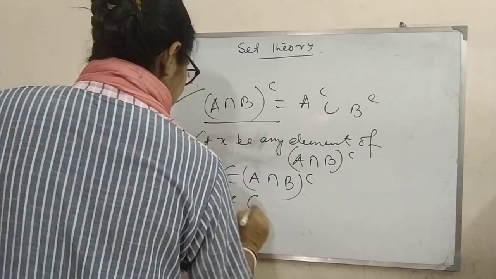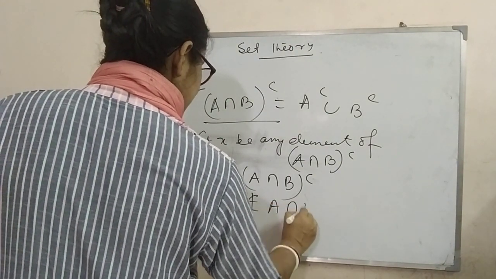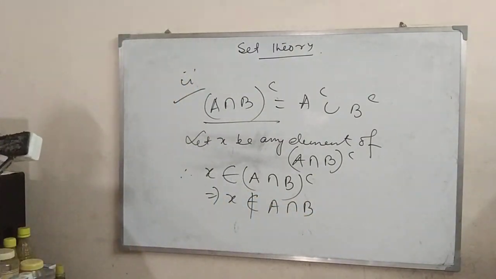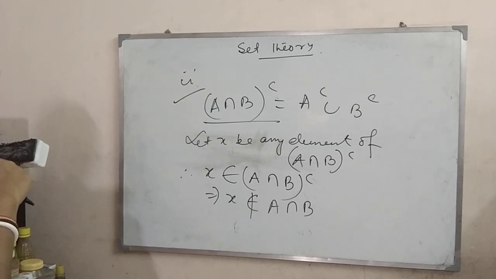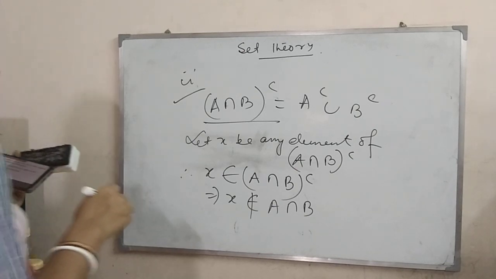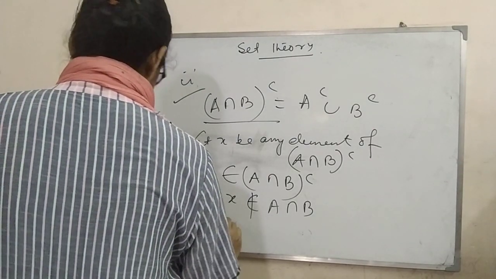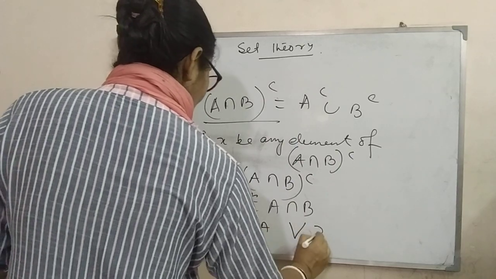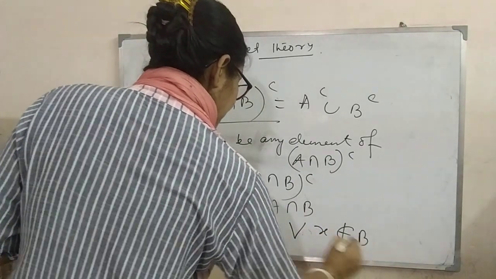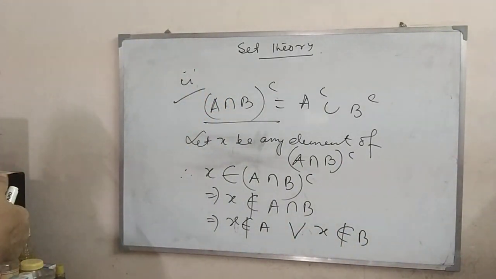That means X does not belong to A intersection B. That means X does not belong to A or X does not belong to B.